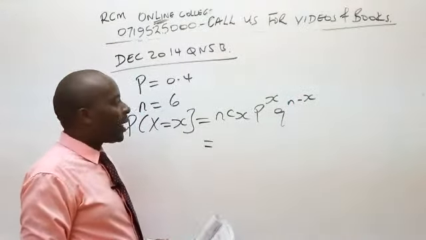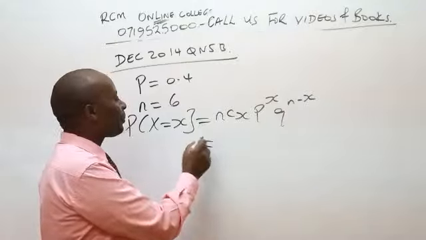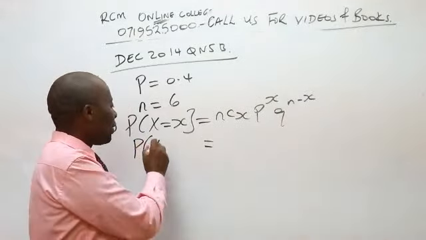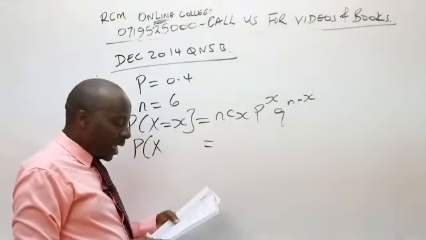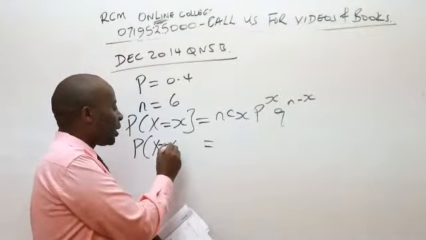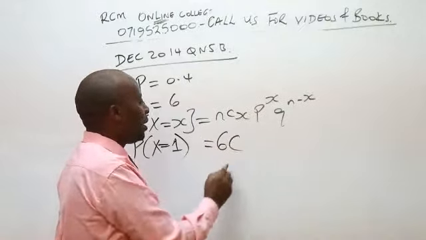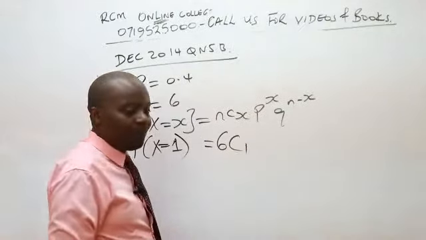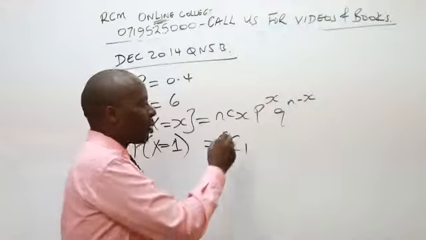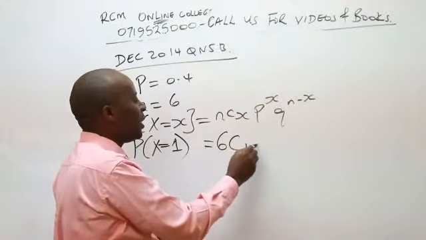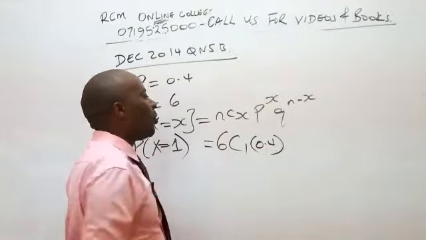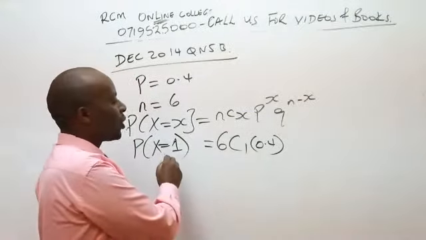So ladies and gentlemen, they want us to give them the probability of X being exactly equal to 1. So our n here is 6, 6 combinations 1. P is 0.4 raised to power x, which is 1.